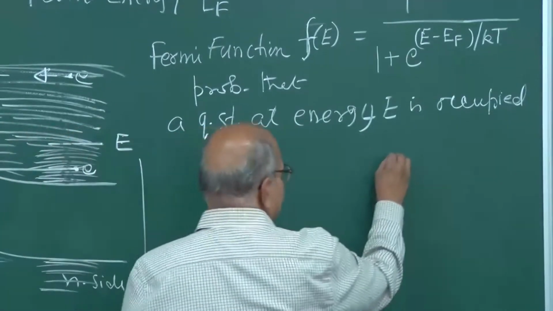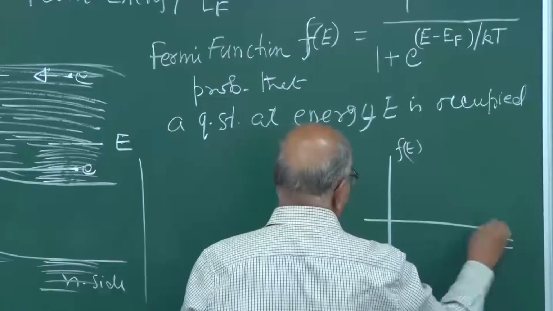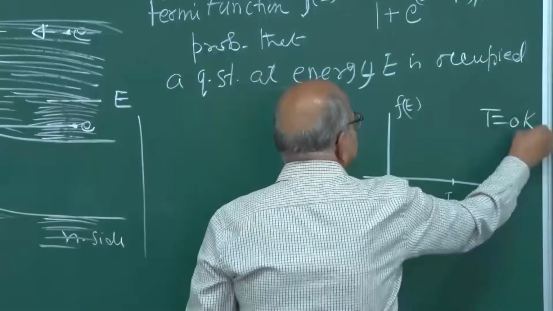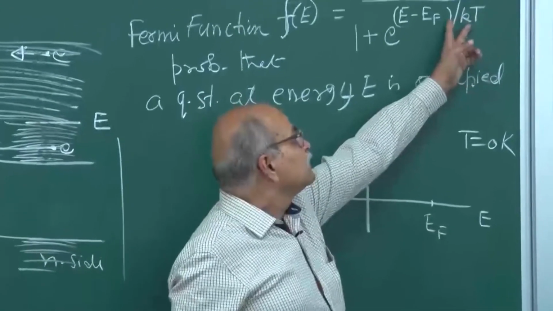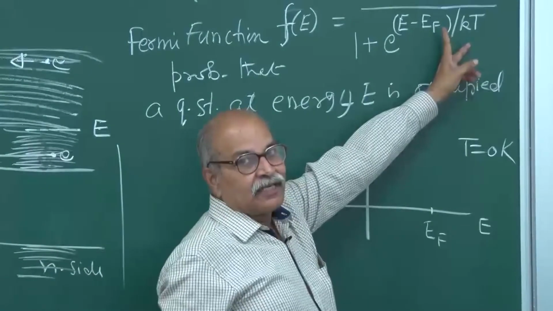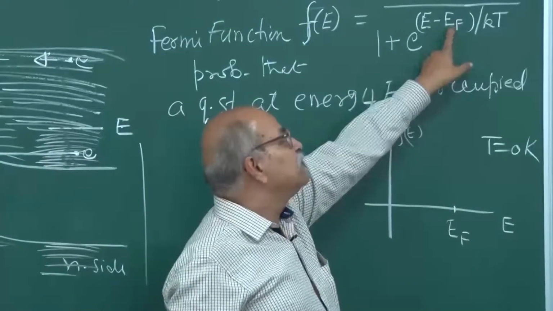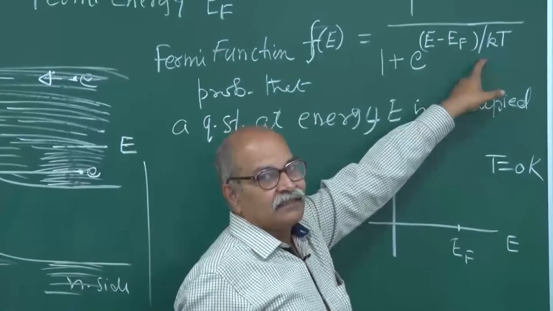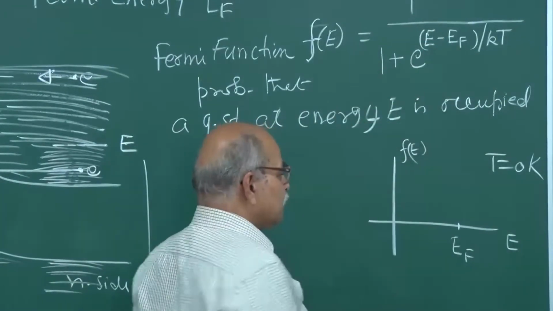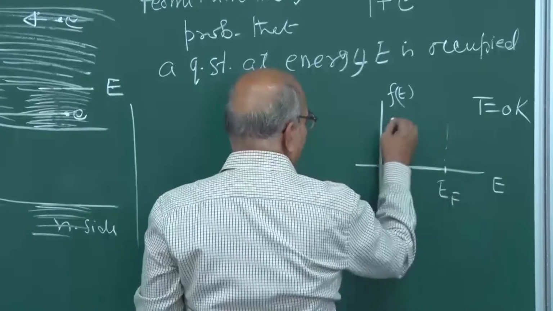If you plot f(E) against E, and suppose this is EF, and T is 0 K, then since T is in the denominator, the exponent will be infinity. If E is less than EF, it will be e to the power minus infinity, and e to the power minus infinity is 0. So this function will be 1. So for all energies less than EF, this function will be 1.